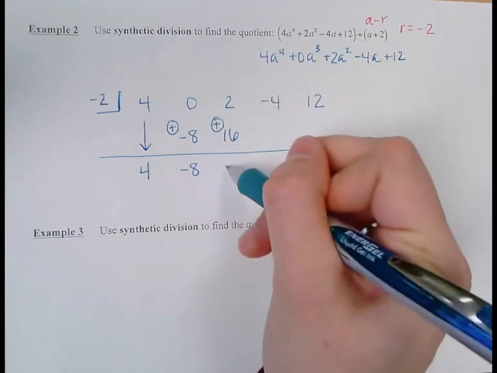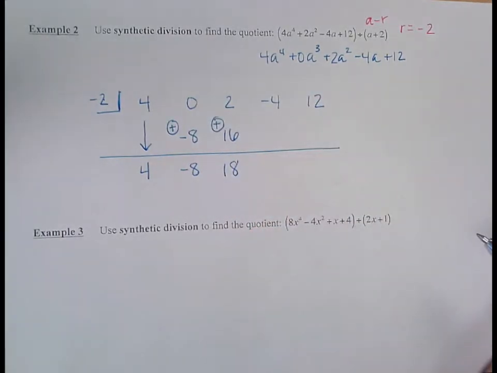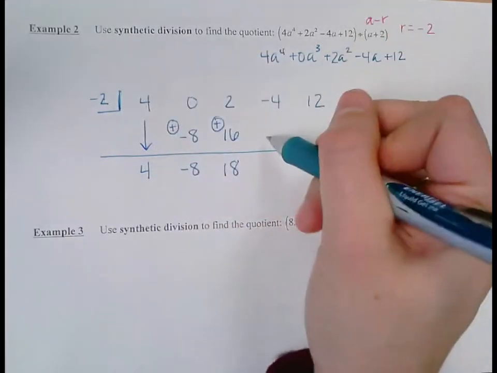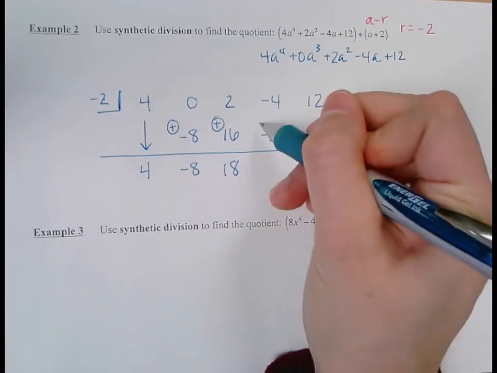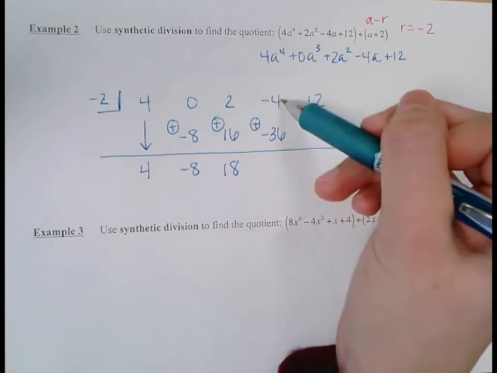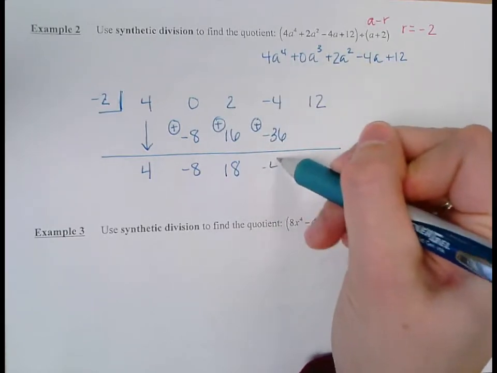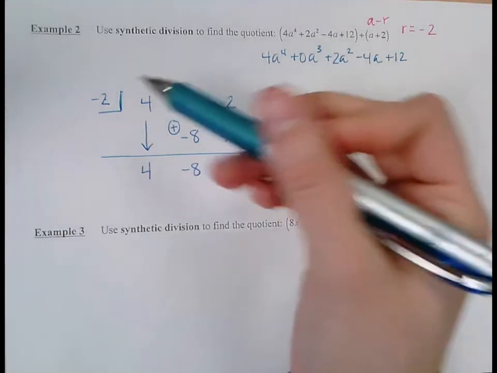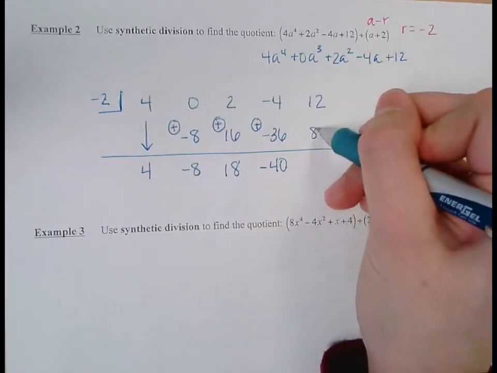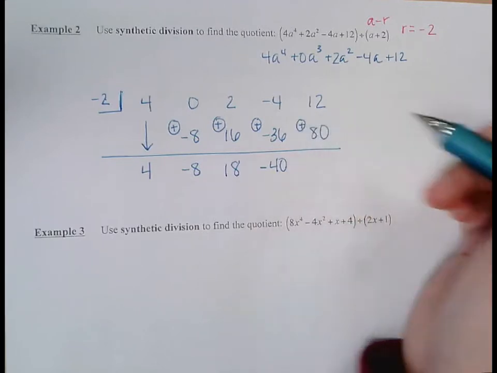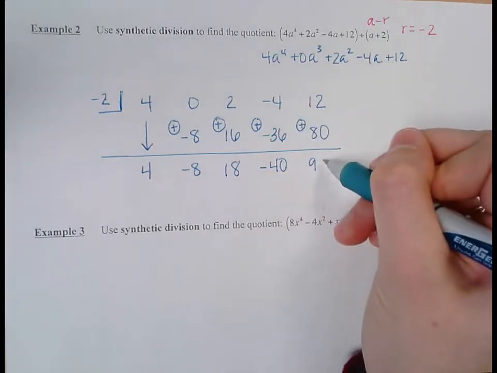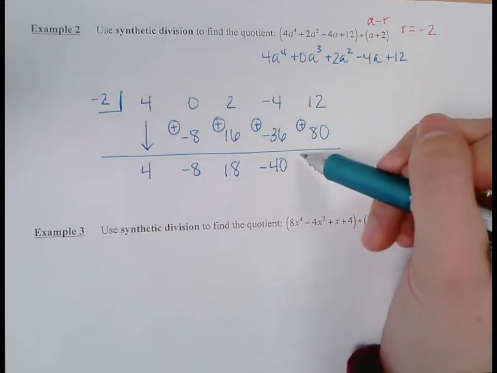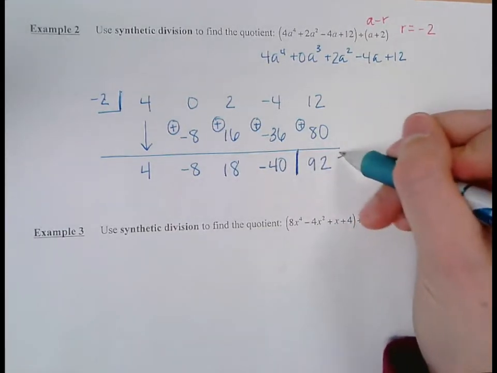They get added together, and that's 18. 18 times negative 2 is negative 36. That gets added to negative 4. That's negative 40. Negative 40 times negative 2 is 80. That gets added to 12, and that's 92. And then I'm just going to draw a line. The 92 is the remainder.